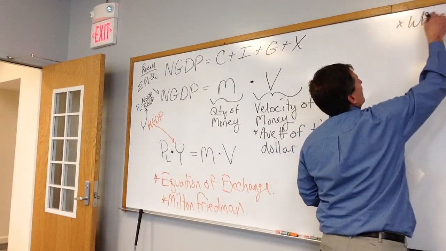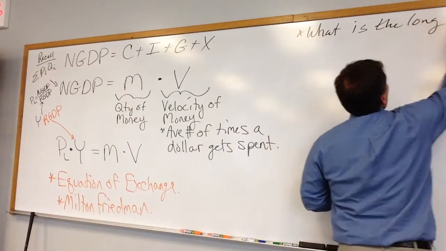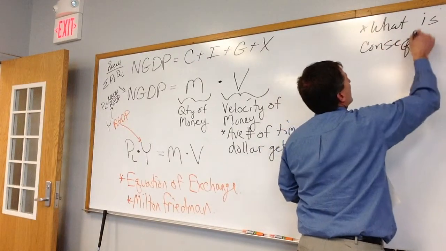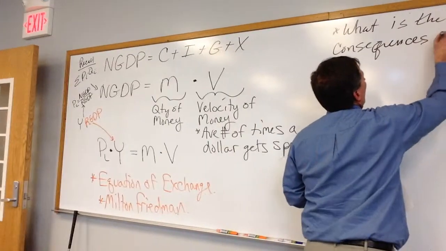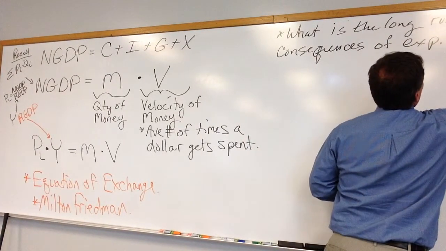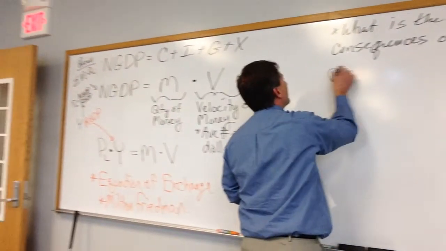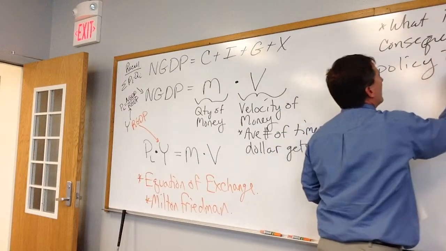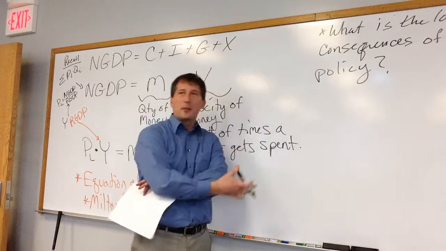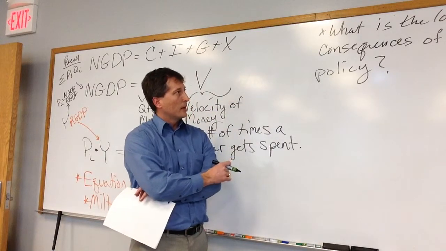His main question, what are the long-run consequences of expansionary monetary policy? That was kind of his main question he was tackling. Like, what's going to happen in the long haul from this?